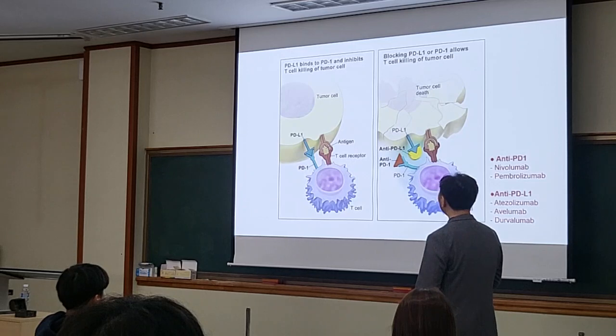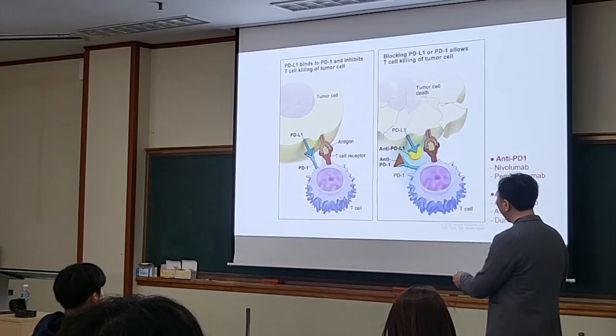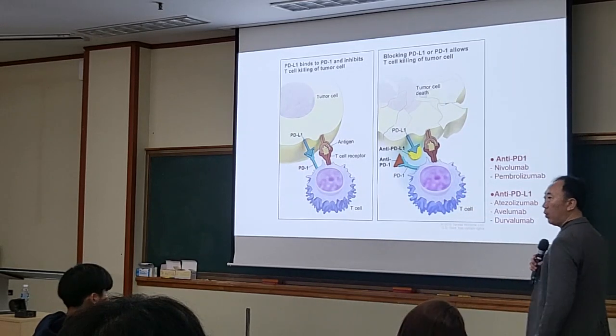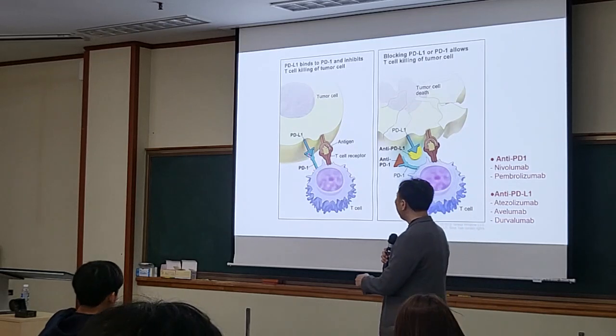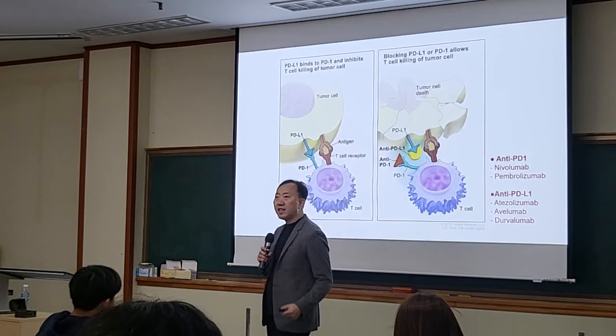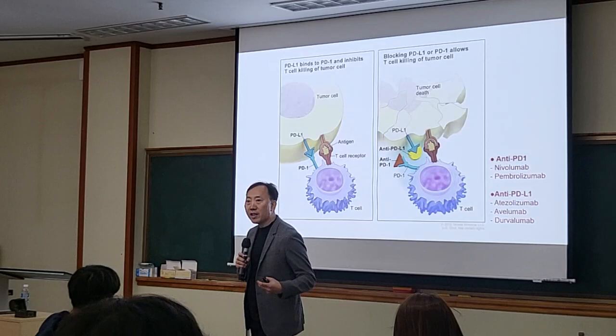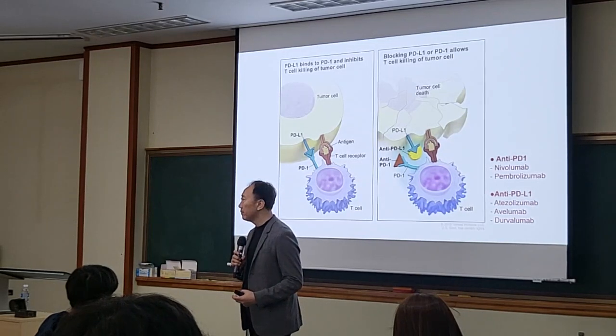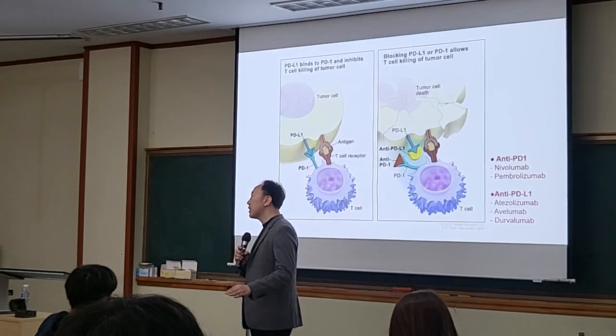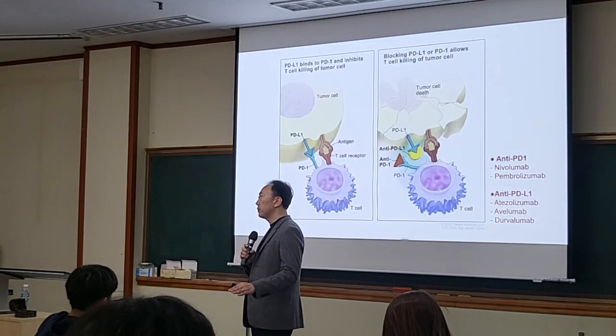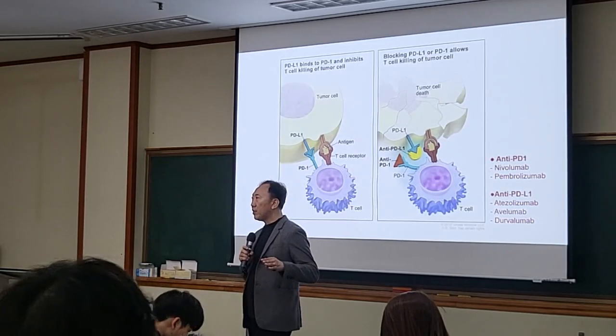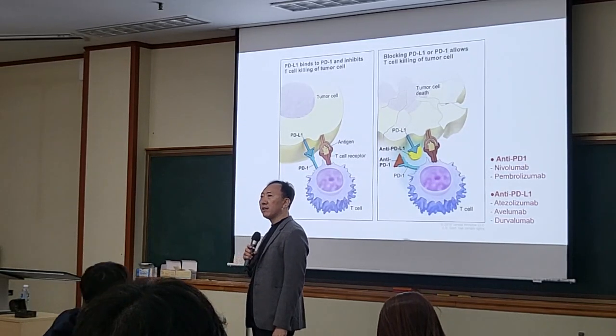Moving down. So there is this kind of checkpoint, PD1 and PDL1. So this binding, PD1 to PDL1, is this a killing signal or a saving signal? It's a saving signal. If I recognize it, then I save it. In the case of MHC sensing, is it a killing signal or a saving signal?